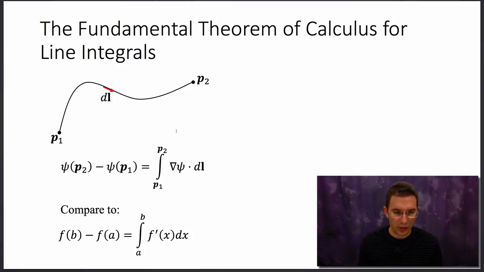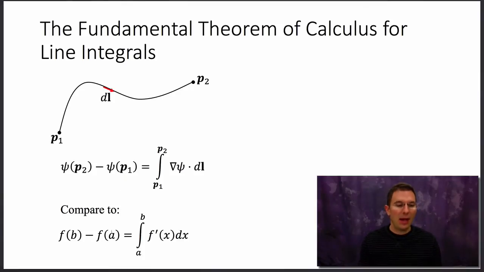If you have a look at this expression, what this is saying is, let's say you have a scalar field psi that exists everywhere in this region of space. Again, think of this as a 3-dimensional region now. Well, if I take the gradient of psi and I integrate it along this path, or in other words, if we take the line integral of the gradient of psi from point 1 to point 2, it is just equal to the field evaluated at point 2 minus the field evaluated at point 1.